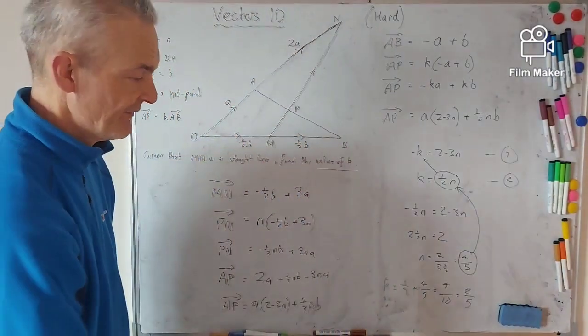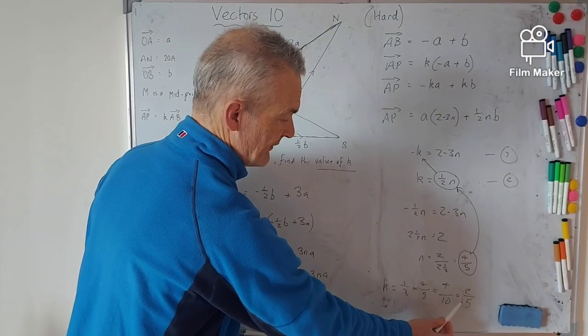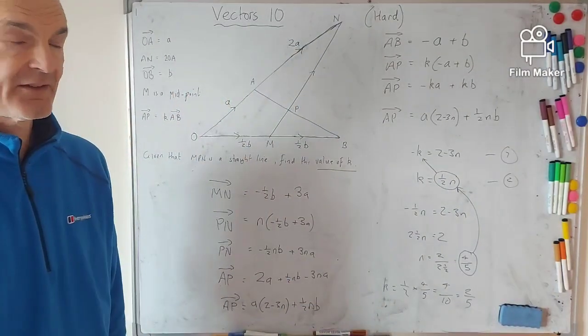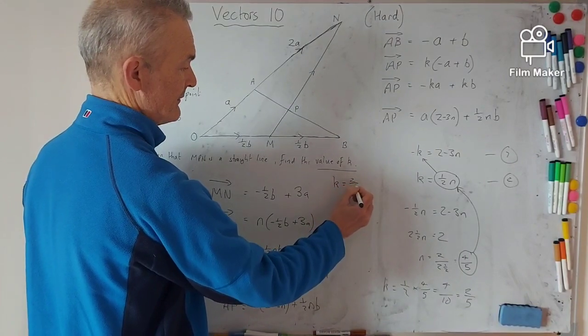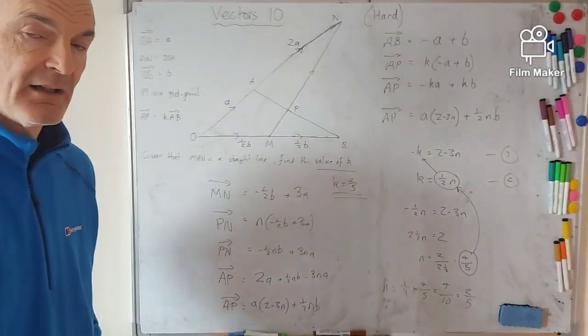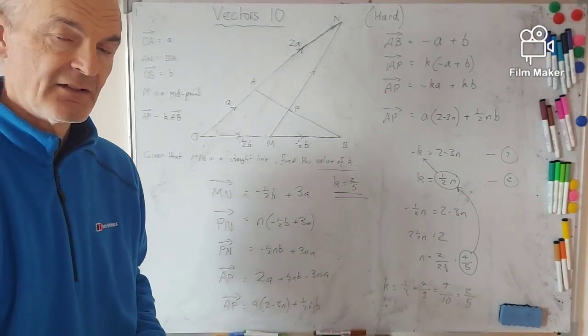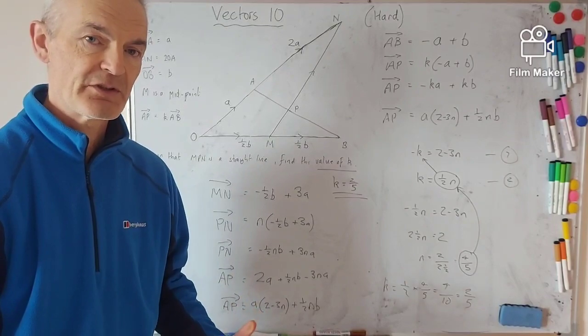So all I've done there is simplified. 1 times 4 is 4, 2 times 5 is 10, divided by 2, so we get 2/5. So k equals 2/5.